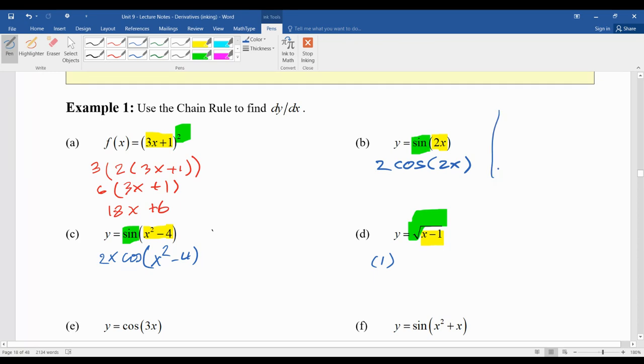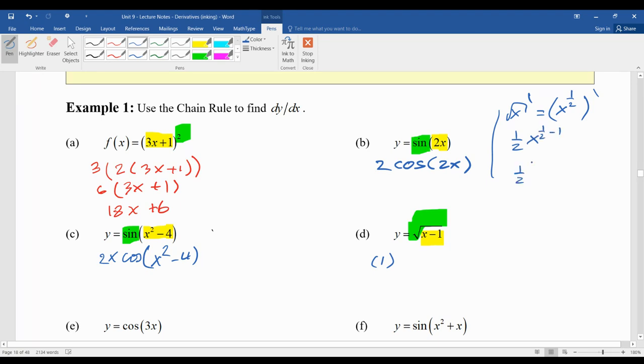Let's review the basic derivative of square root of x. First you write square root of x as x to the 1/2, and then you take the derivative using the power rule. So using the power rule, the 1/2 becomes the coefficient, and then you take a 1 away from 1/2.